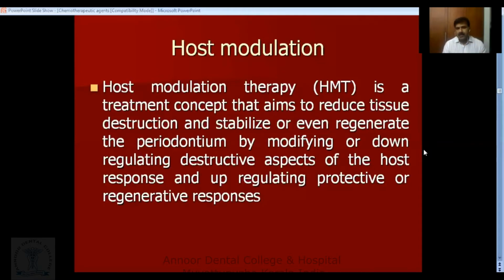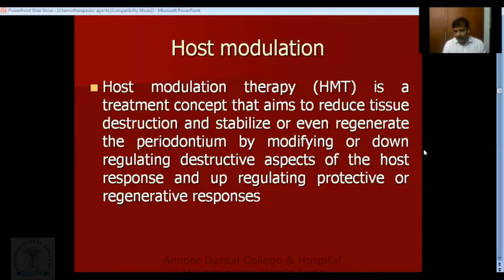Against these mediators, neutrophils migrate out of the blood vessels, come out through the sulcular epithelium into the gingival surface, and neutralize these microorganisms. That is what happens in the normal state or in the early stages of gingivitis.